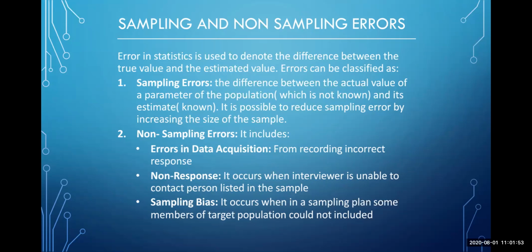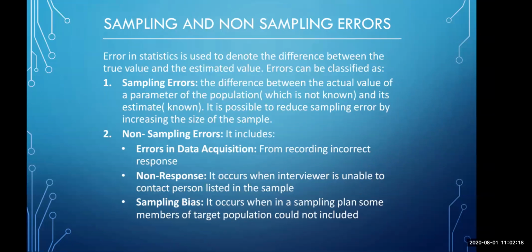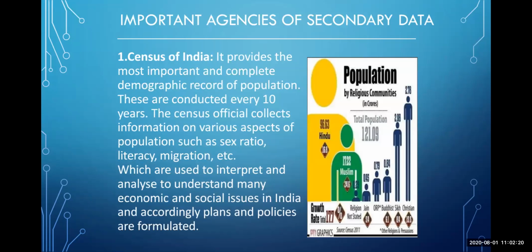Like let's say I selected 10 people, but out of those 10, I'm not able to contact 3 people in that list. So that is a non-response. And the third one in non-sampling error is sampling bias. This occurs when in a sampling plan, some members of the target population could not be included. So that is again another error.